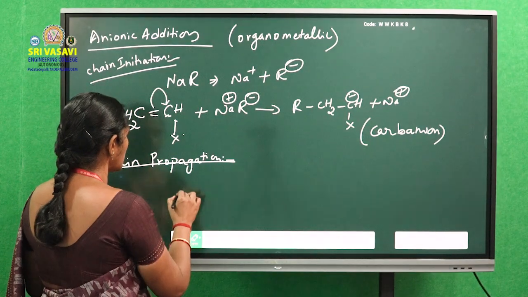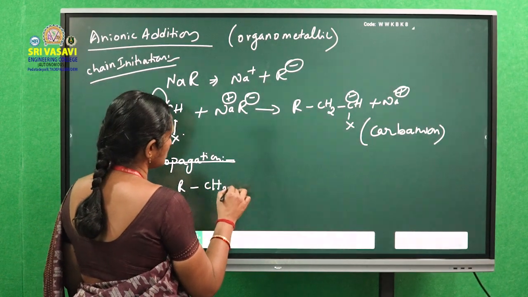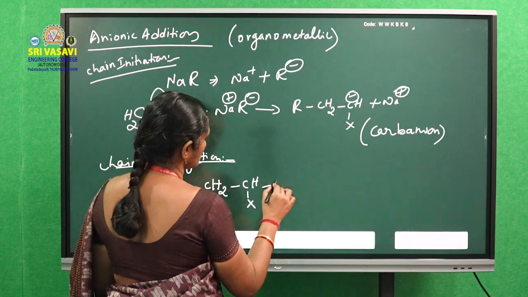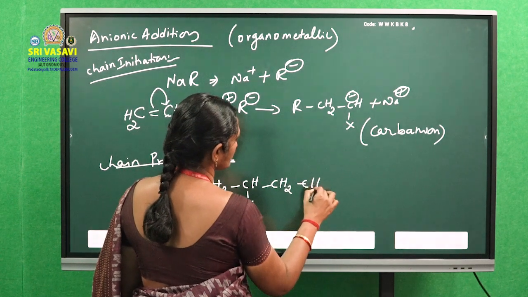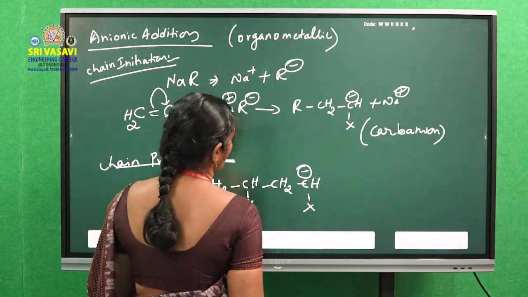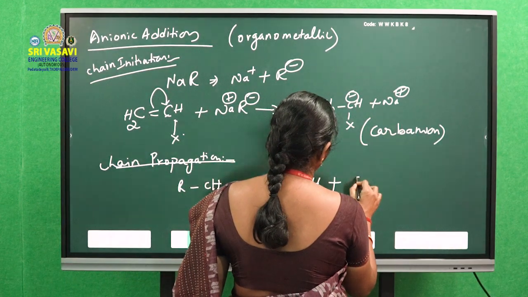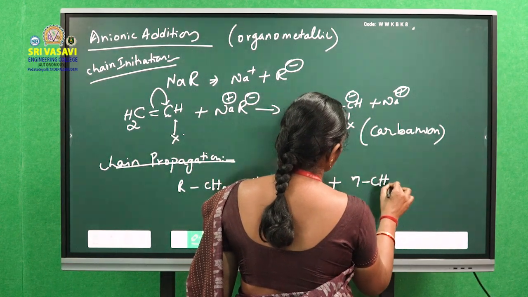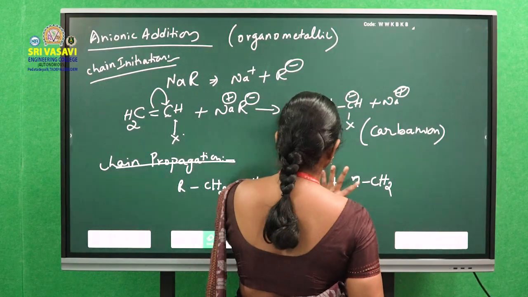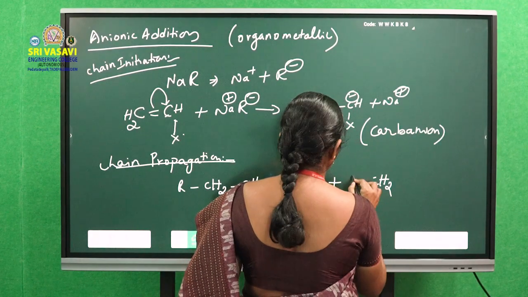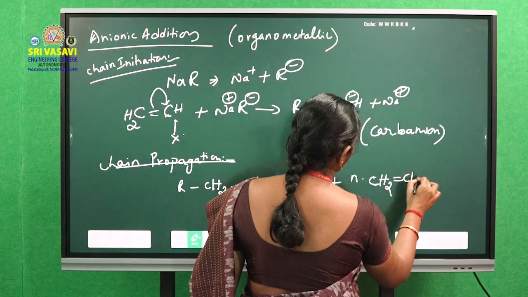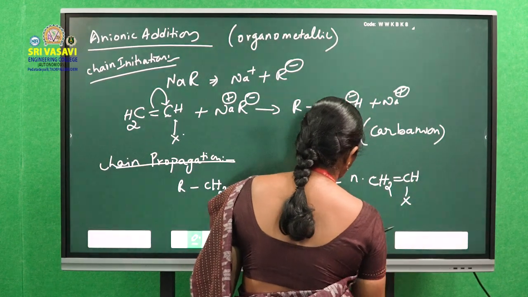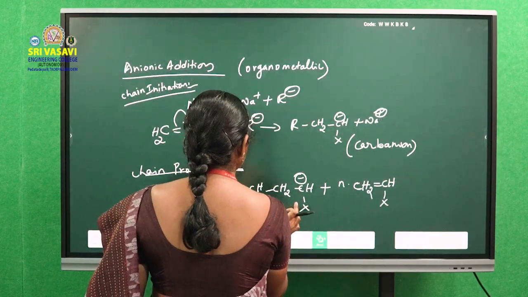What is the chain propagation? I have taken the carbanion, and I have taken n molecules of CH2 CHX, the monomer. I am getting the living polymer.